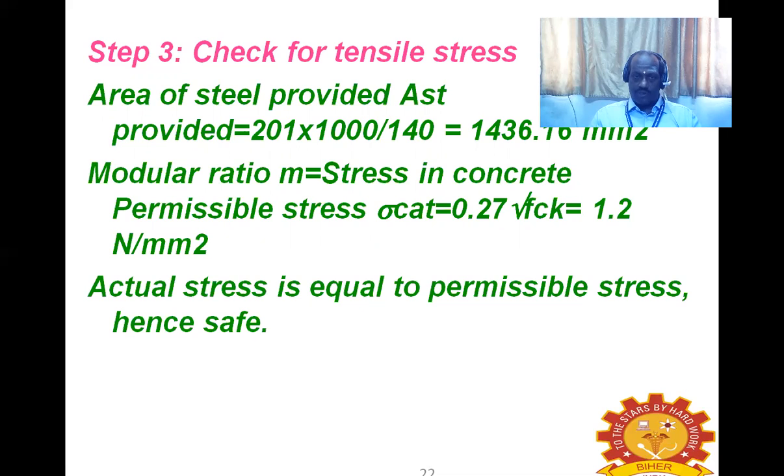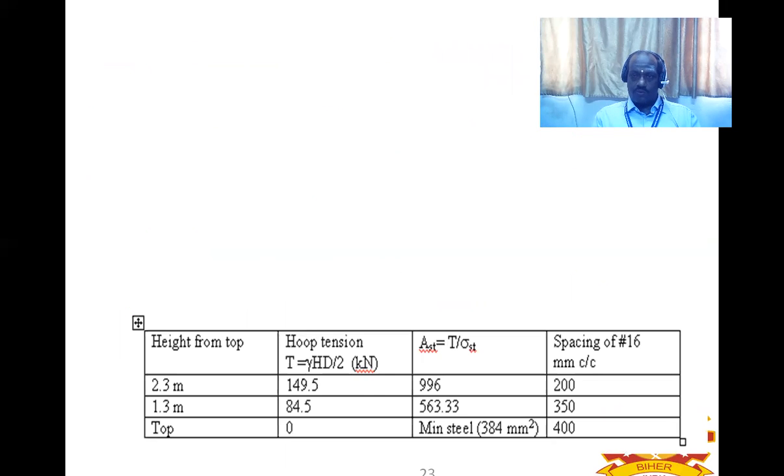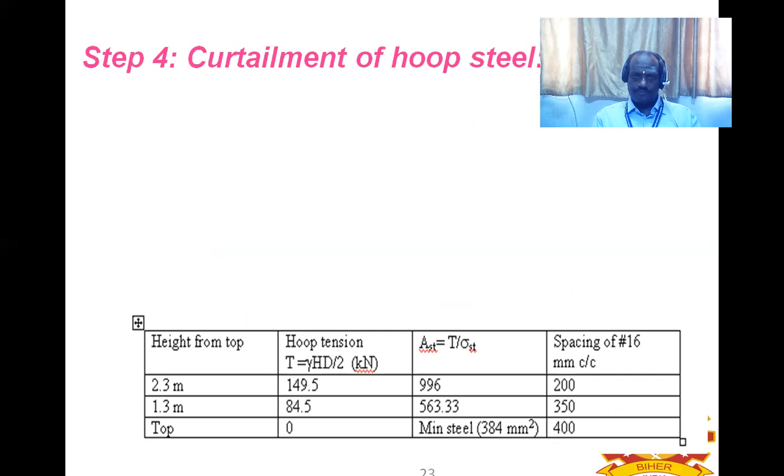Modular ratio, we know m, and we can find the permissible stress in concrete: 0.27 square root of fck is equal to 1.2 Newton per mm square. So the actual stress is equal to the permissible stress.